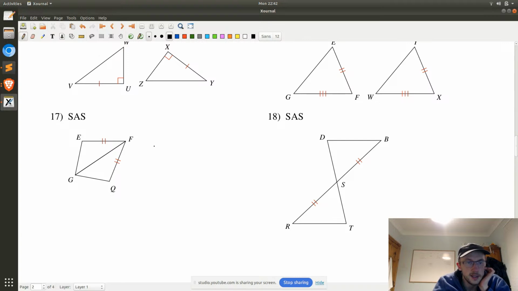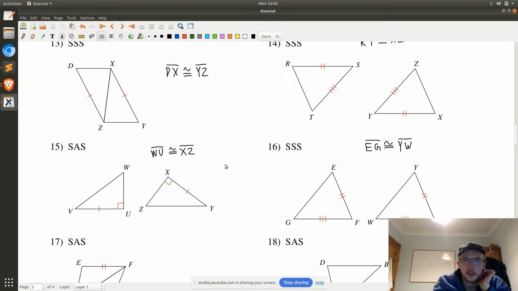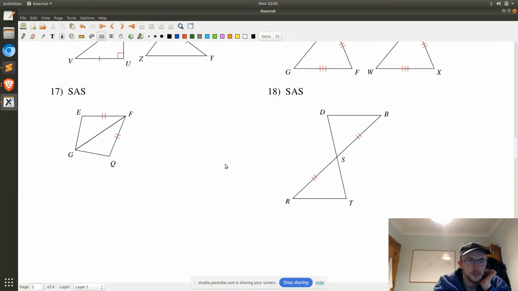Okay, so side EG is congruent to side QG. That's what we'd have to know. For the... no, wrong. See, I'm not concentrating due to a distraction, but anyhow, for the side-angle-side theorem, we would have to know that this angle here is congruent to this angle here.